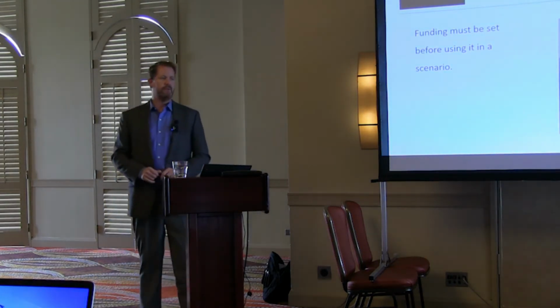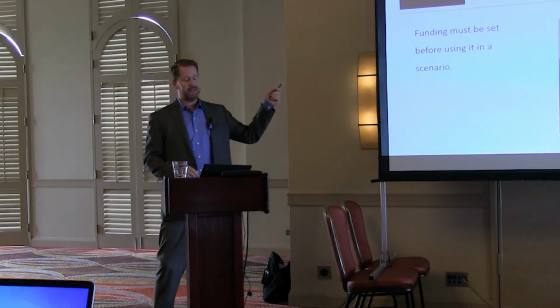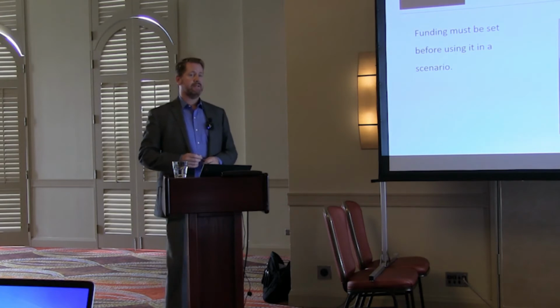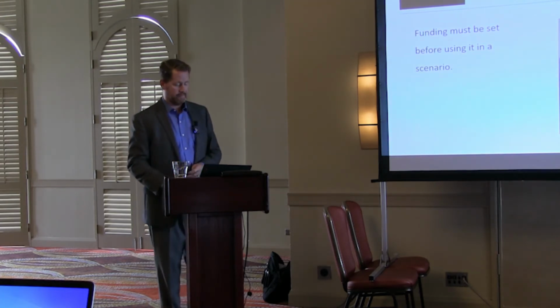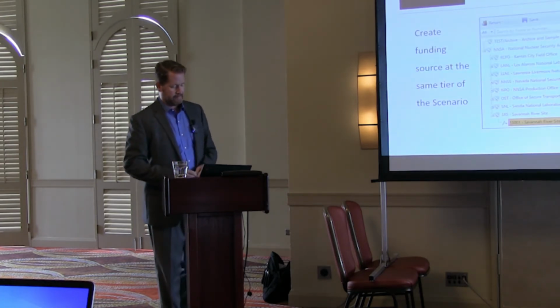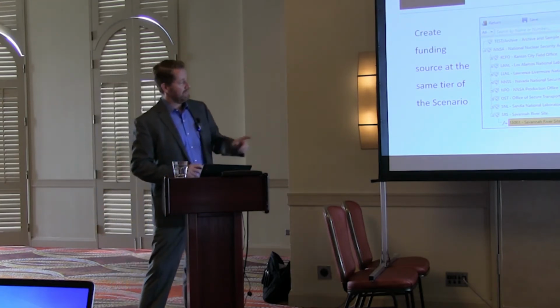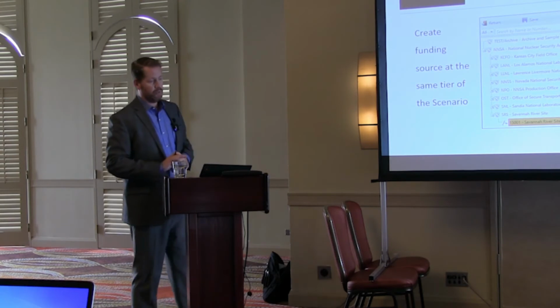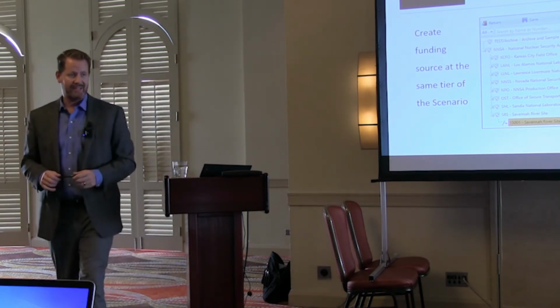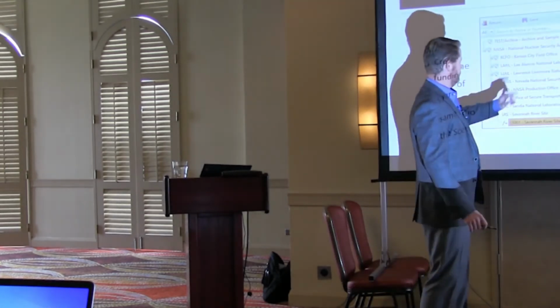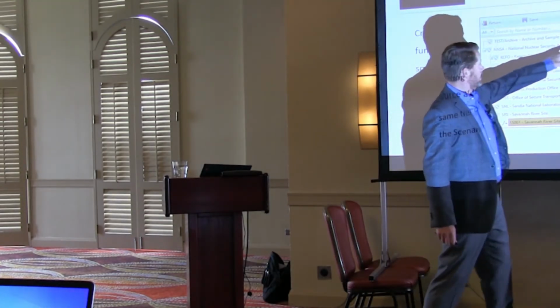To be able to do a funding constrained scenario in your work configuration, you need to have first set a funding source. So back to your work config, navigate to the site or organization that you want to run that scenario at. It has to be at the same level. So we're playing with Savannah River.